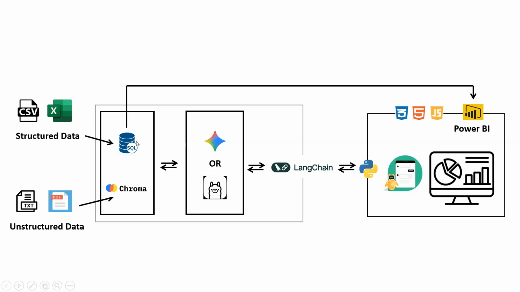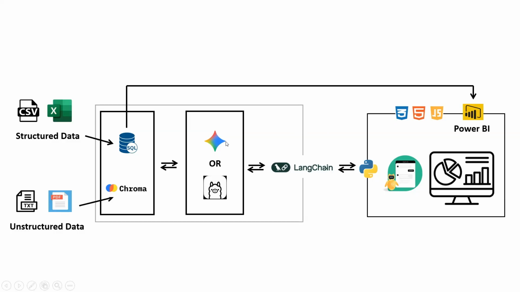If it is structural data, then it will give the relevant table column names and sample data to Gemini, and Gemini will decide which columns to create a SQL query for. Based on that, it will create a SQL query and return the response to the web application, and it will show the structural data.